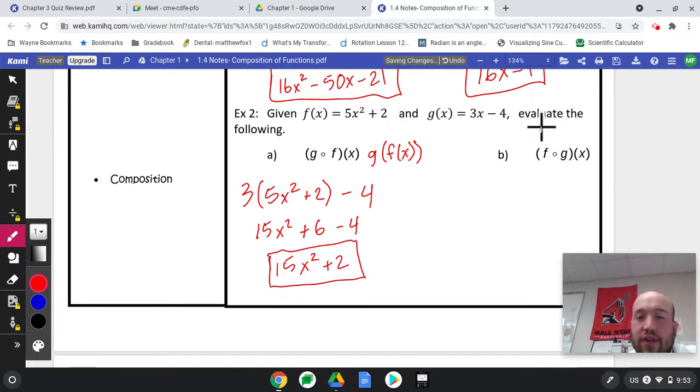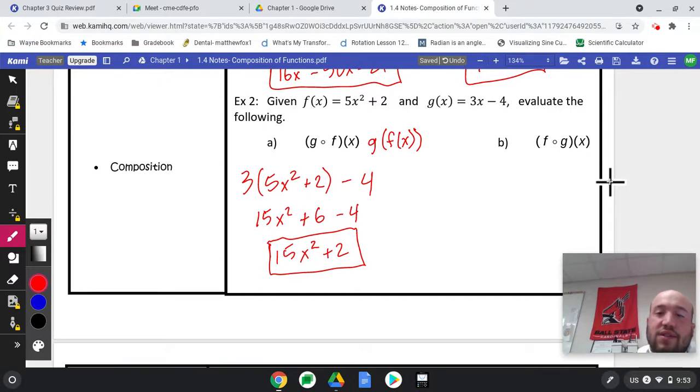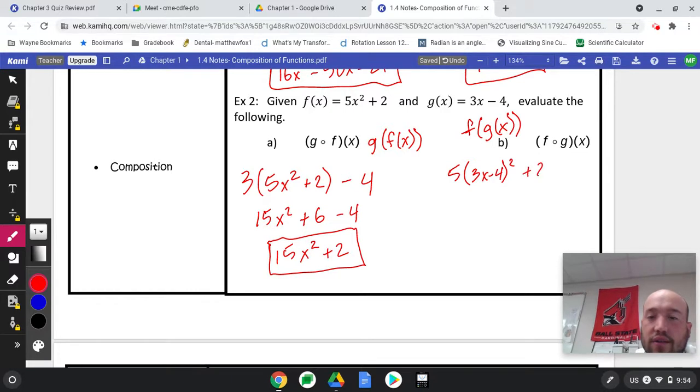Okay, our final one then on the front, f of g of x, it's the same thing. Remember, it could be written like this. It's the opposite way, meaning we start with the g of x and plug it in place of the x in f of x. Okay, so we plug this into this problem. So it'll be 5 times that 3x minus 4, which will have to get squared, and then plus 2 at the end.